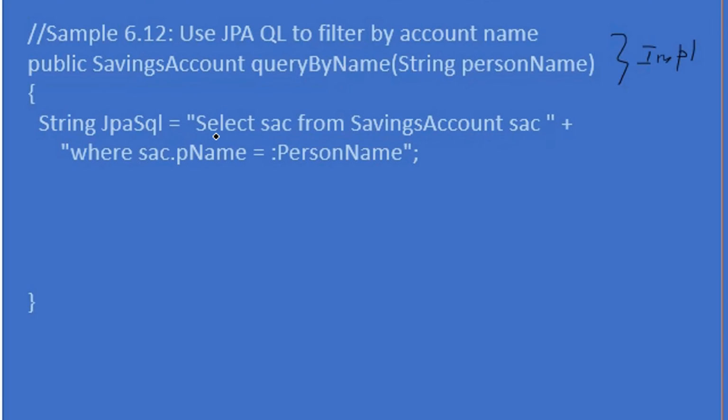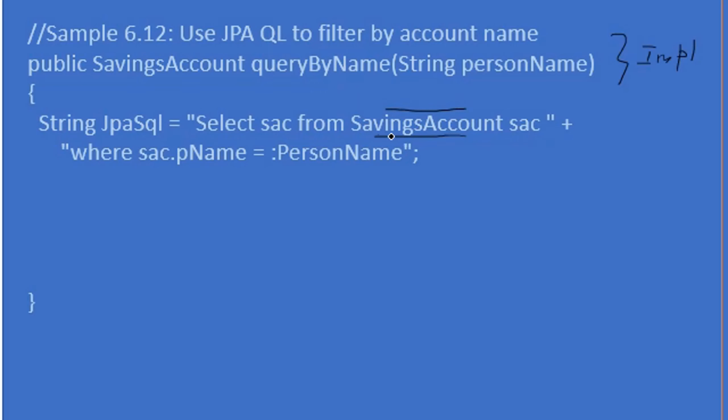So in the implementation, if you see, this is the JPAQL select. Let's skip this alias for now. Select. Usually here we will specify field names, right, in terms of native query. Select from, instead of table name, what we are specifying here is an entity type. So savings account is the entity, right?